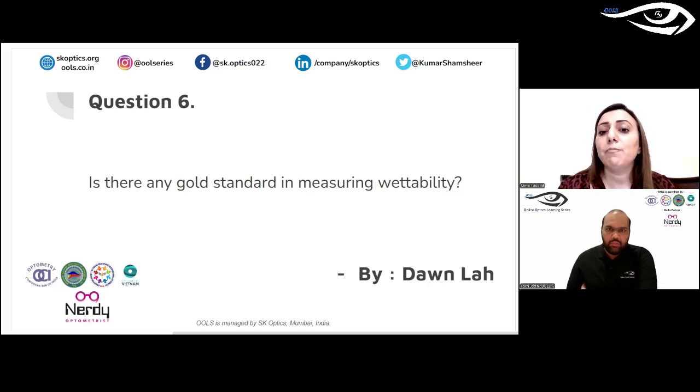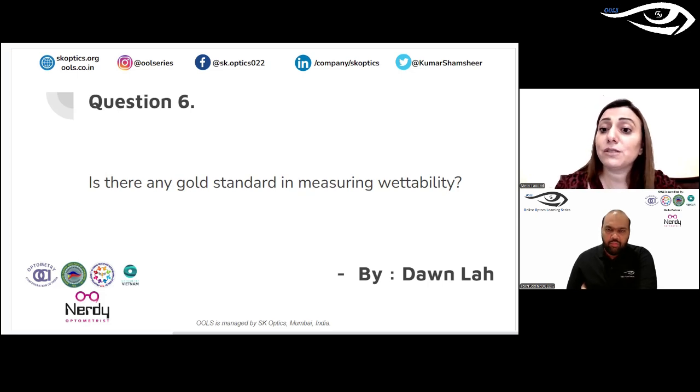In vivo, mainly, I'm not sure if it's the gold standard, but you can consider the tear breakup time is the gold standard for assessing wettability in vivo. It's an easy and quick test, and the patient doesn't feel anything, even if we put in fluorescein.